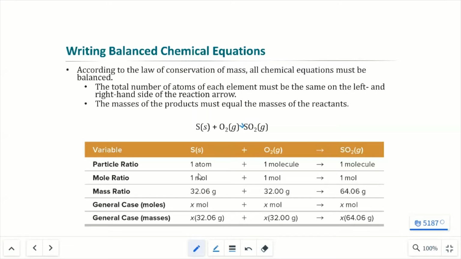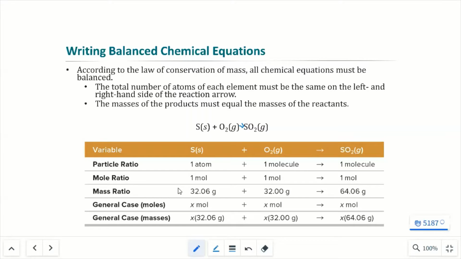I can look at this in a variety of different ways, both from a matter perspective and a mass perspective. And what I should notice is that it always comes out even if I compare the right-hand side of the equation and the left-hand side of the equation. From a particle standpoint, I've got an atom of sulfur reacting with a molecule of oxygen to make a molecule of sulfur dioxide. From a mole ratio standpoint, I've got one of each of those substances.